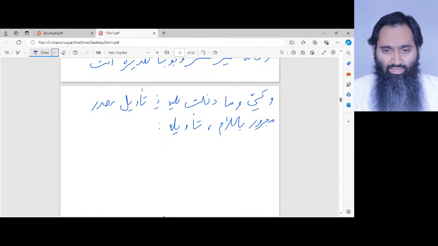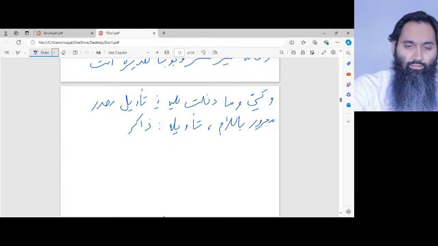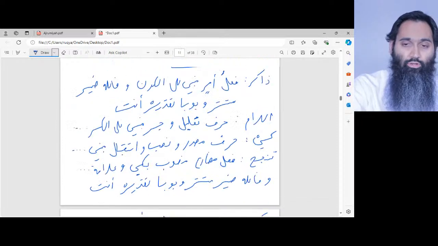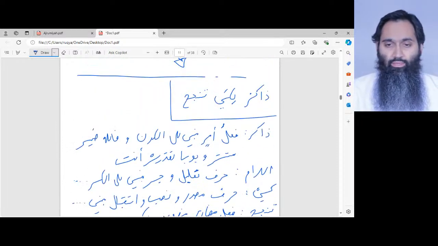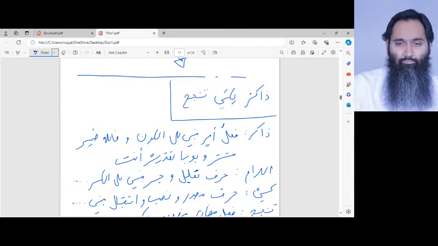تأويل ذاكر: ذاكر لكي نجاحك. No, so in the ذاكر, K wouldn't be there, because K with the fi'l mudari after it has been converted into a masdar.